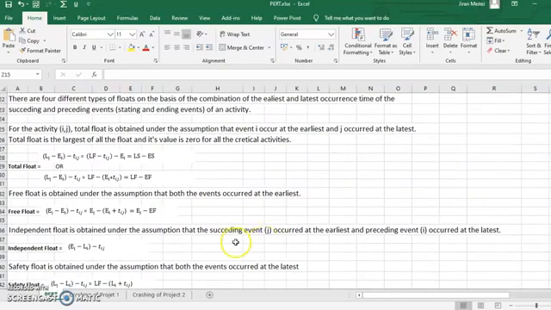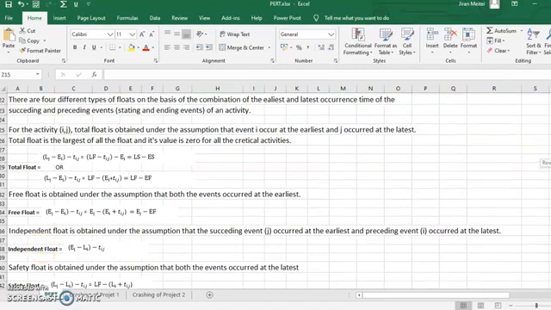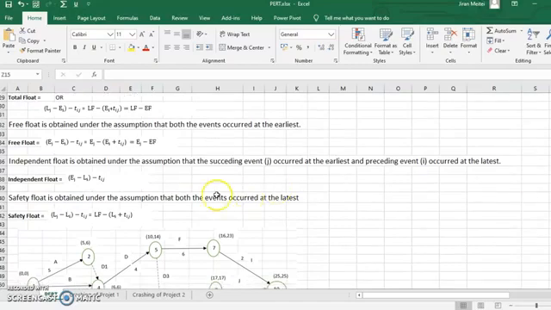The next combination is the succeeding event occurring at the earliest and the preceding event occurring at the latest. The difference of these two minus the TIJ time taken will give the independent float. The last possible combination that we have is the safety float. For the safety float, both the events are occurring at the latest, and this will give your safety float.